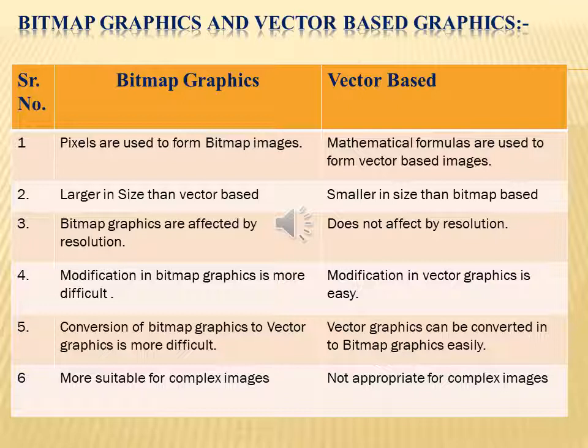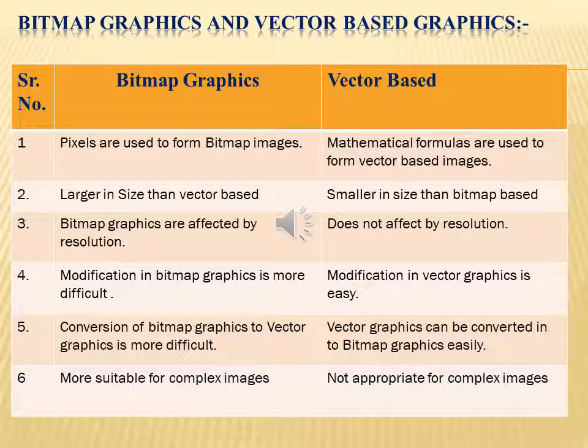Second difference, bitmap graphics are larger in size than vector based, and vector based are smaller in size than bitmap. Third difference, bitmap graphics are affected by resolution, while vector based are not affected by resolution.